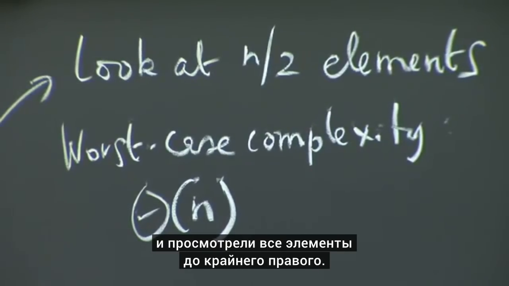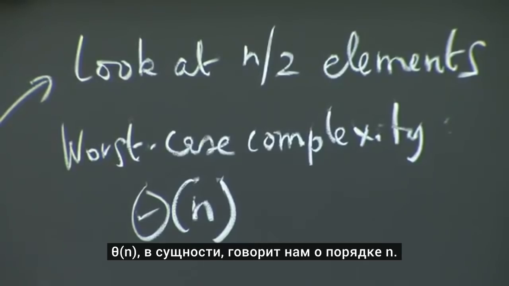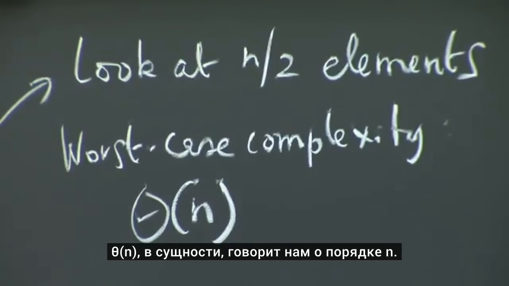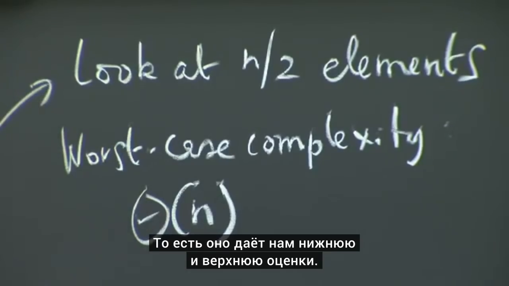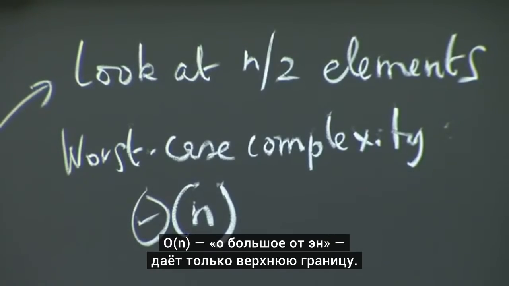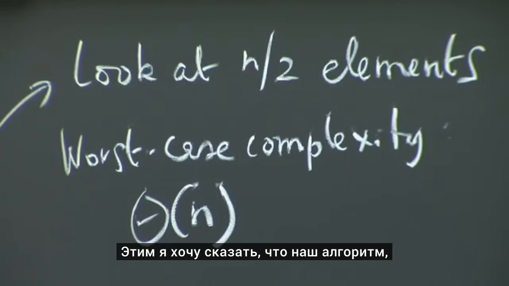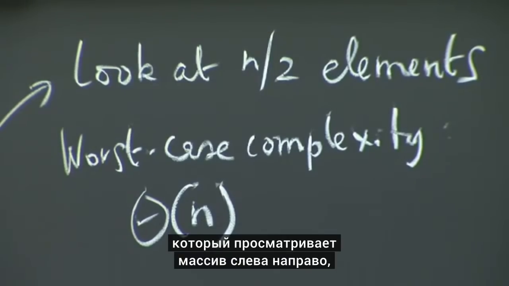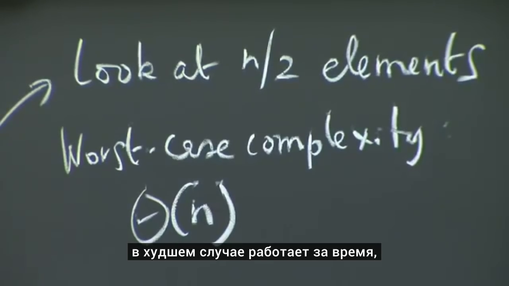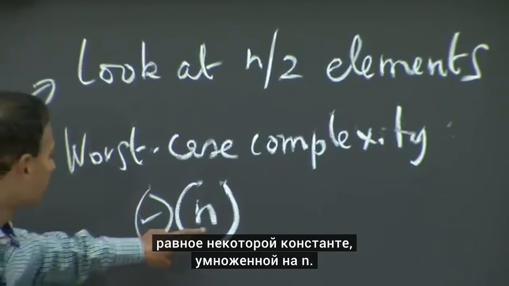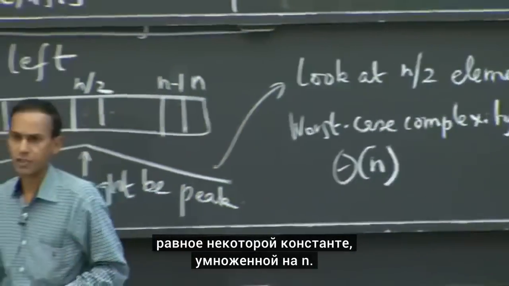Now remember, theta n is essentially something that says of the order of n. So it gives you both a lower bound and an upper bound. Big O of n is just the upper bound. And what we're saying here is this algorithm that starts from the left is going to essentially require, in the worst case, something that's a constant times n.